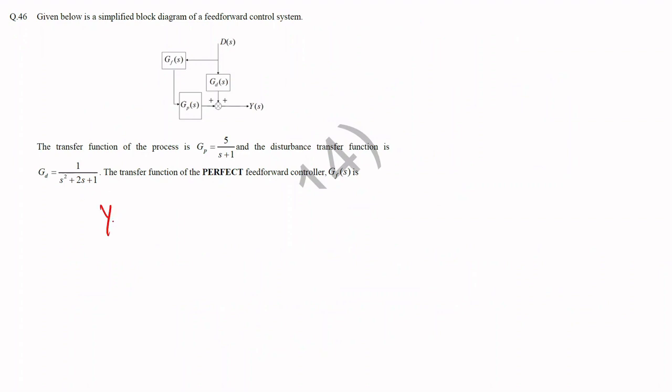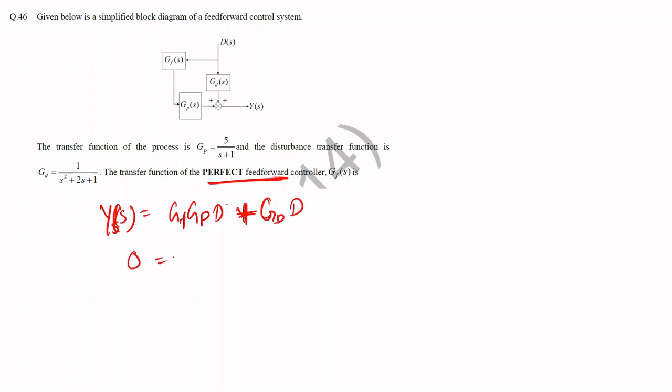So y of s is equal to Gf Gp into disturbance plus Gd into disturbance. Now for a perfect feed forward controller, as we discussed, we have to replace this y of s as 0.